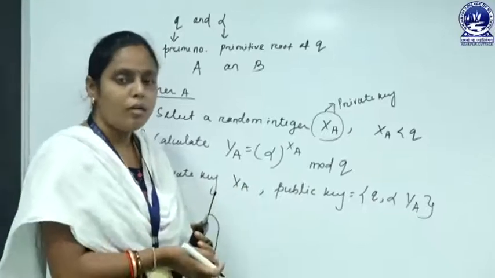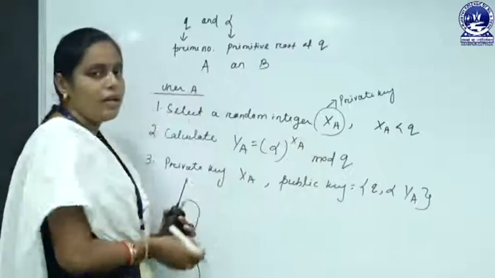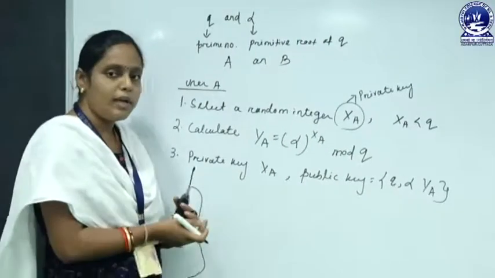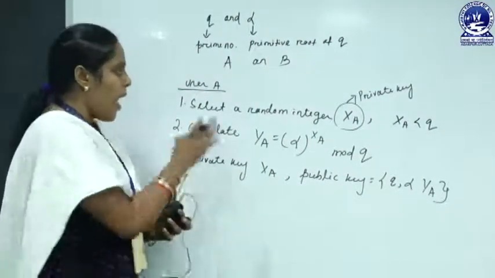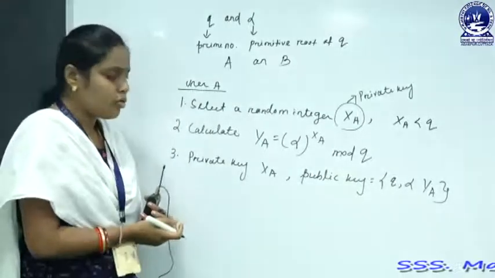These are the global elements, and ya is generated by user A, which is the public key for user A.